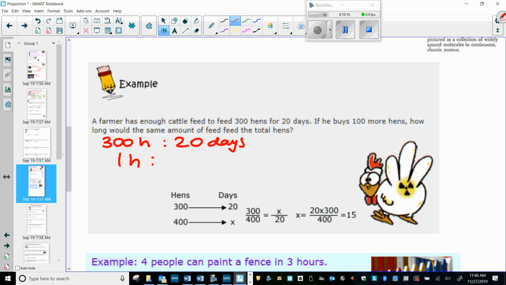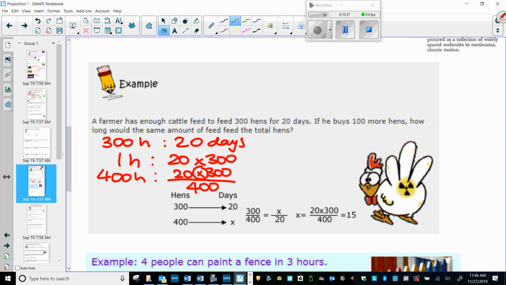So for one hen, it would be 20 multiplied by 300. And then for 400 hens, because 100 more hens means we've now got 400, it would be 20 multiplied by 300 divided by 400. So we would multiply first and then divide.